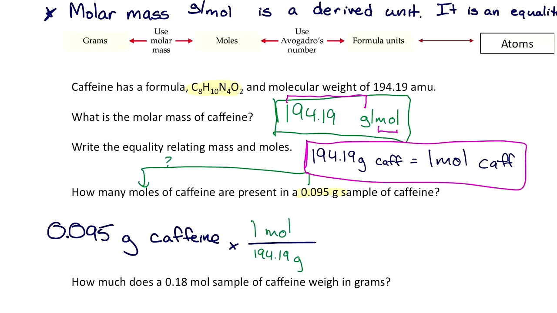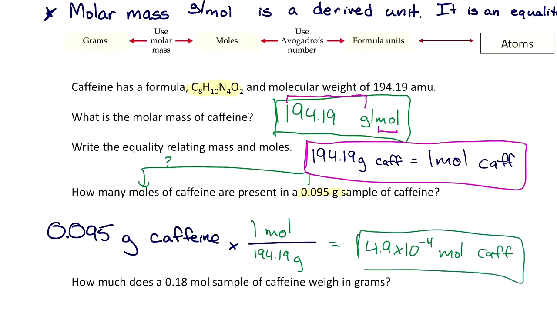In this example we are dividing by grams, and we get a small amount: 4.9 times 10 to the negative 4 moles of caffeine. Two sig figs, because the gram amount given has 2 sig figs, and all of this is multiplication.